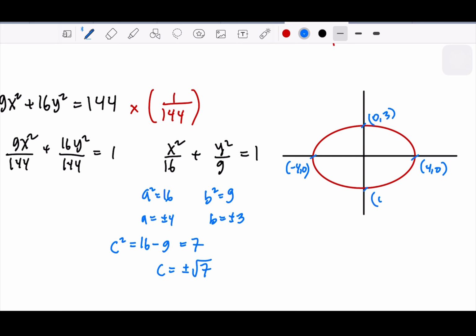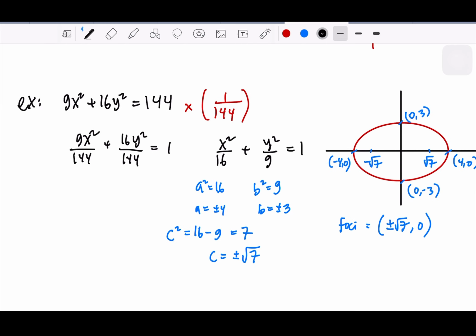And this will be (0, negative 3). This will be negative square root of 7. This is square root of 7. Okay, the foci will be plus minus square root of 7, 0. I think it already covers all the important things in an ellipse. Okay, that is if we have the equation.